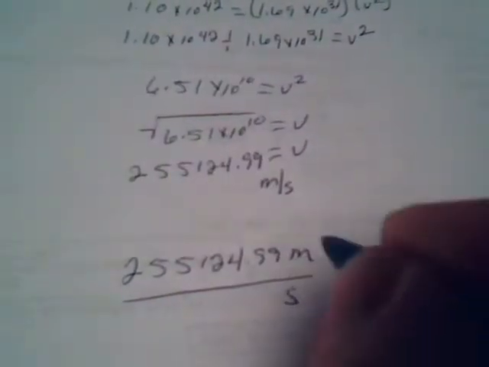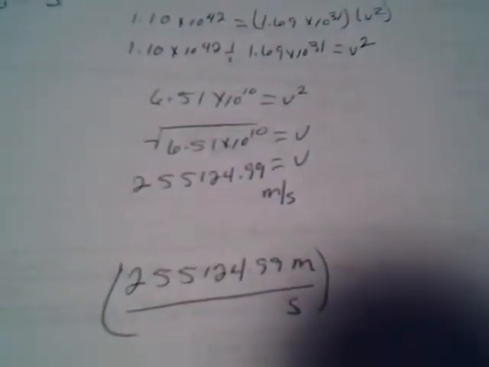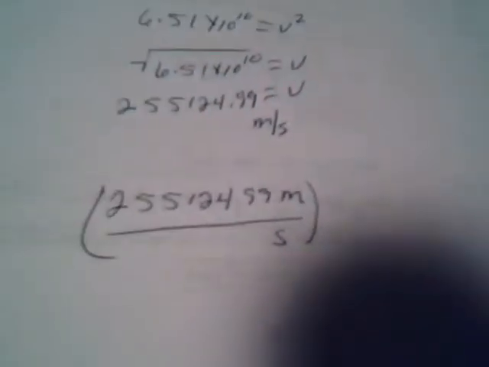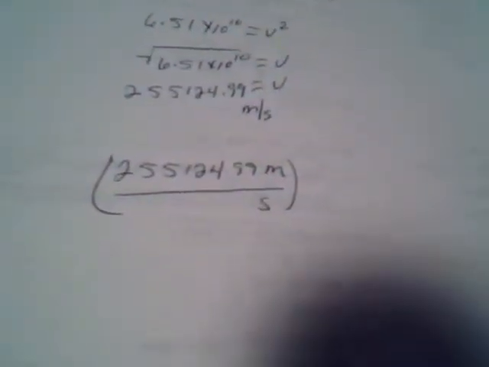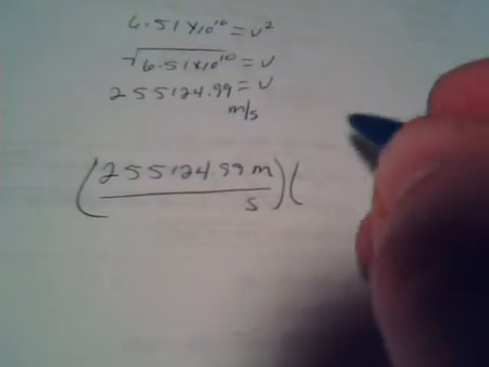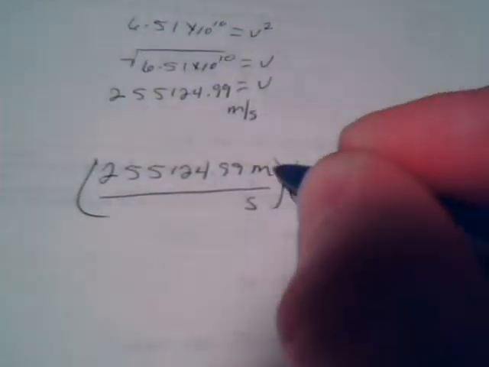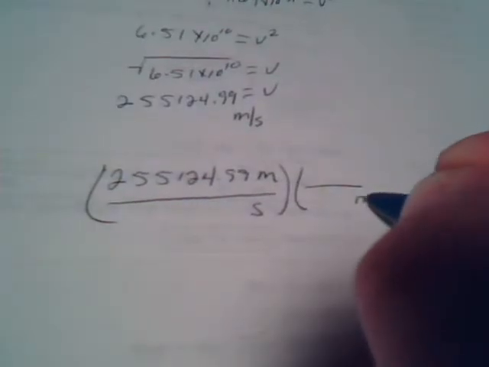Remember, it asks you to put the answer in kilometers per second. So let's see if we can do that. We got 255,124.99 meters per second. So all we're concerned about is the top part. We don't need to mess with the bottom part on the conversion whatsoever. So we want kilometers. Meters is on top there, so it has to be on bottom over here.